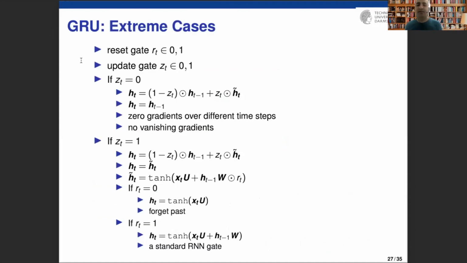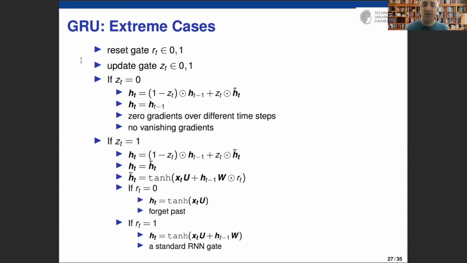To have a better understanding, let's play with some extreme cases of these reset and update gates. We know that these values change between 0 and 1 because they are the output of the sigmoid function, but the extreme values for these gates are 0 and 1. Let's start with the update gate.